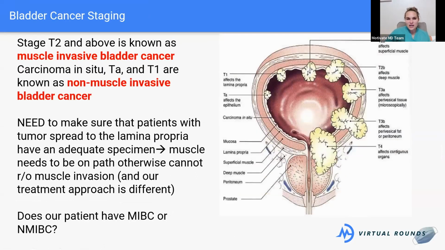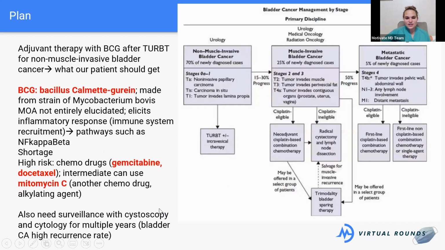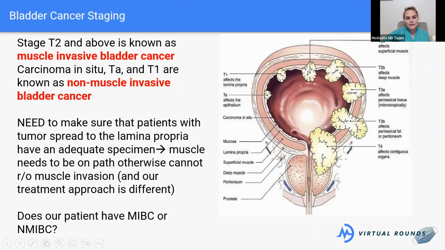Bladder cancer staging. Does everybody know the difference between the stage of a cancer and the grade of a cancer? Stage and grade? Or does anybody know what stage means?